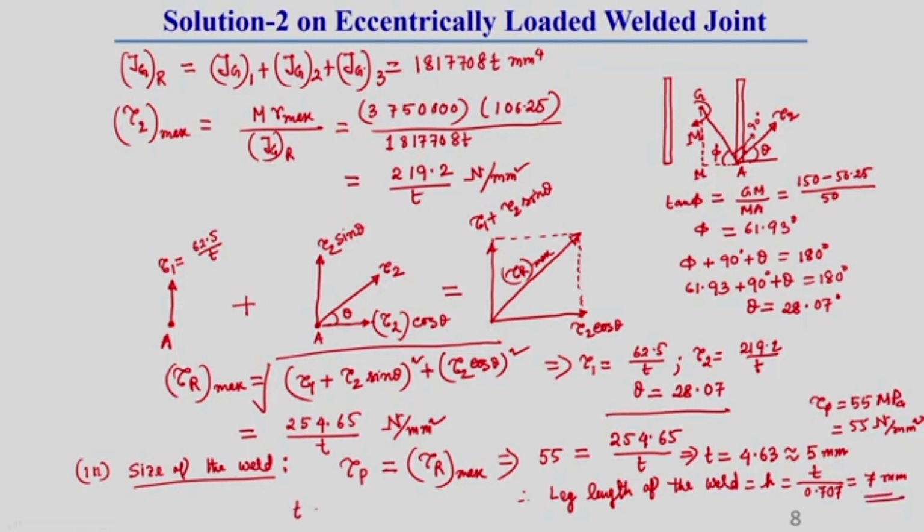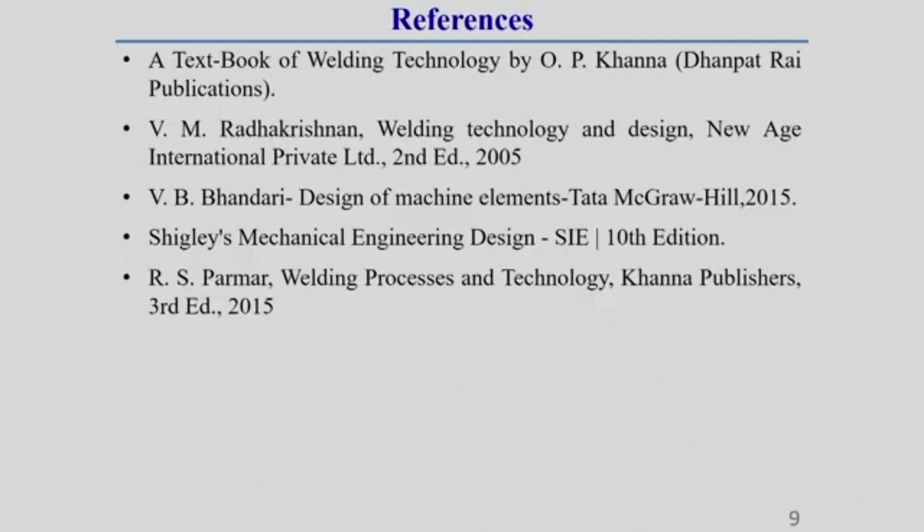Our final dimension of weld is t equal to 5 millimeter and A equal to 7 mm. This is the design, throat thickness and leg length. By this we can design an eccentrically loaded weld joint.